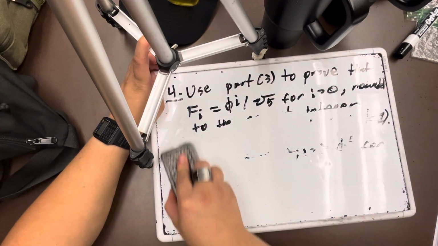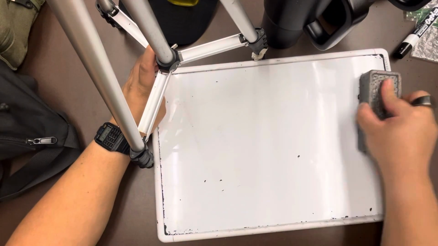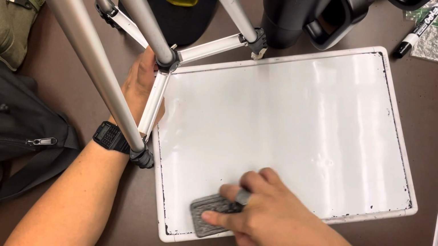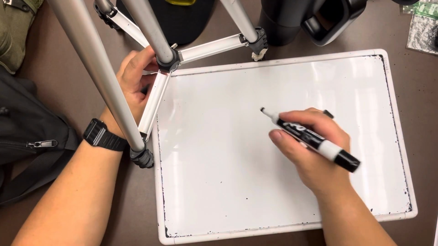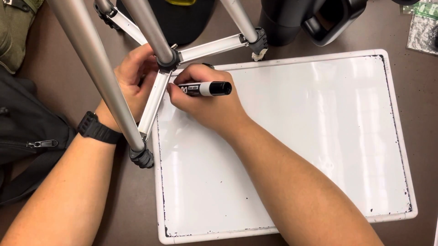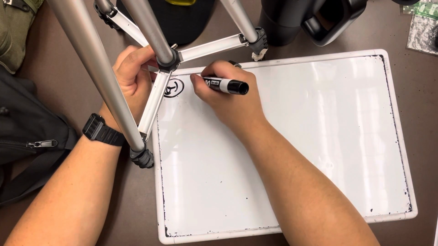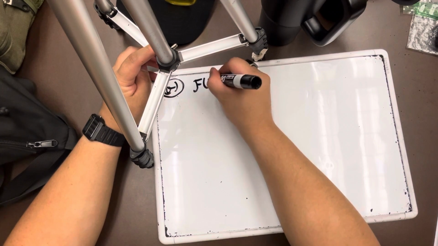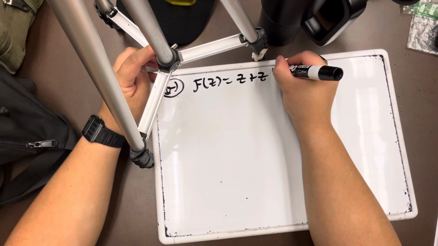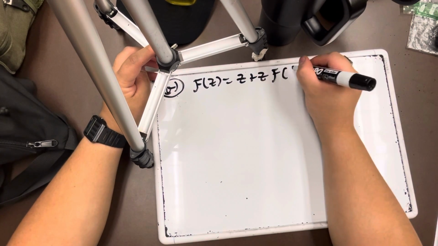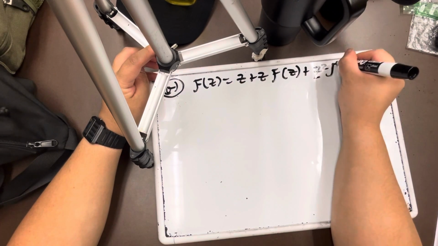So let's see. Script f of z is equal to z plus z times script f of z plus z squared script f of z.